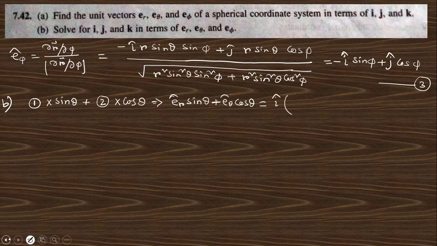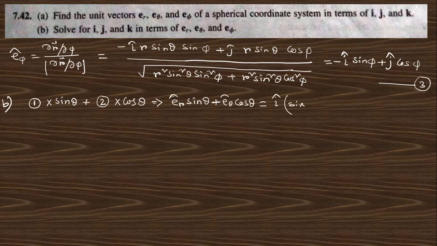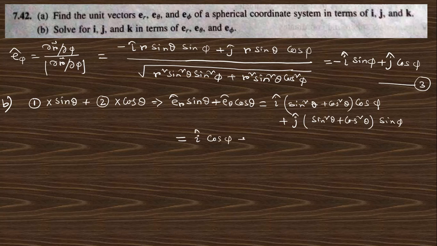From these terms you can take sin square plus cos square as common, so this will be sin square theta plus cos square theta into cos phi, plus j cap sin square theta plus cos square theta into sin phi. So this gives you I cap cos phi plus j cap sin phi. This is taken as equation number 4.